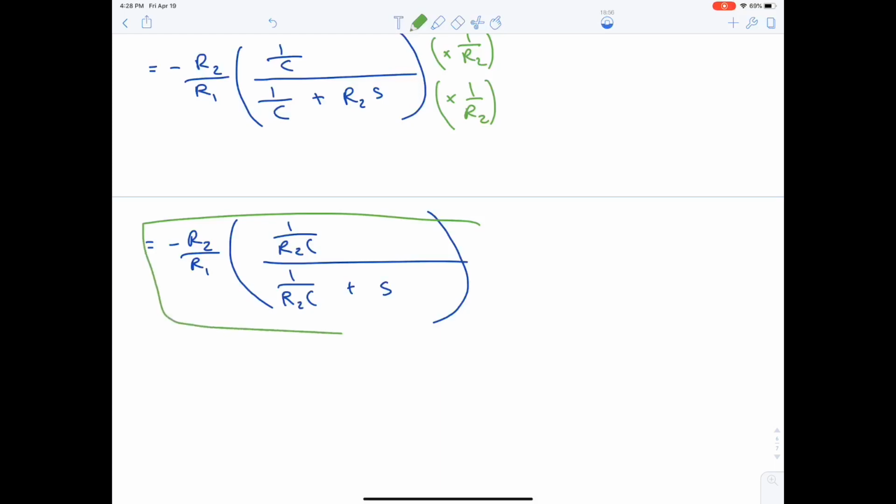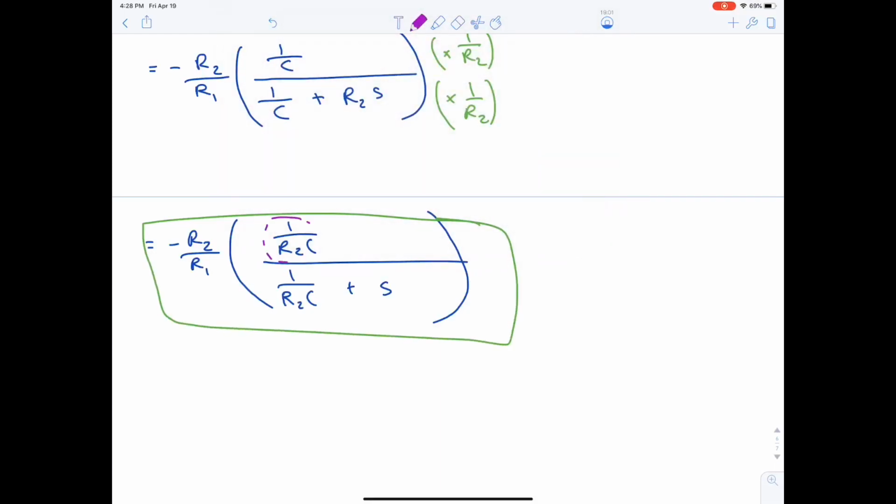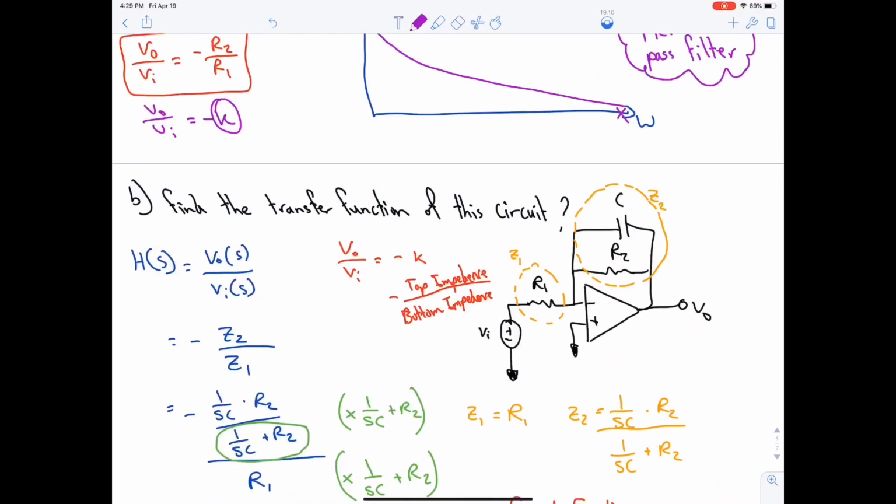Now here note that omega C, as we said earlier, is 1 over RC. This is omega C, and this is the gain. Now we said that omega C is always equal to 1 over RC, but we have one C and two R's. Which R are we going to take in the omega C?